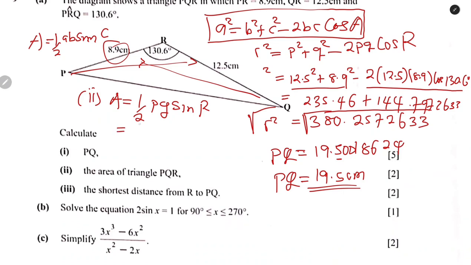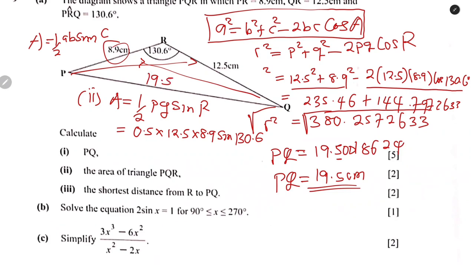So we have 0.5 or just a half, multiplied by, what is our P? 12, multiplied by 12.5, multiplied by 8.9, then sine, what is the angle? 130.6. Why didn't we use this part that we found, which is 19.5?